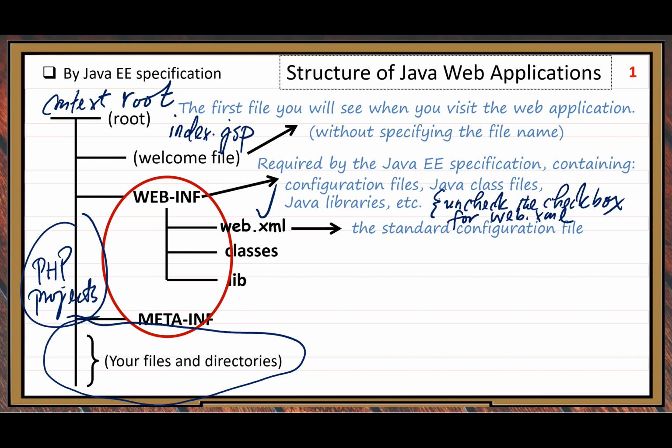In old versions of Java web applications, if you do not have this file, your Java applications cannot run in Java servers. That's the old time. But in recent versions of Tomcat, the Tomcat team improved things.